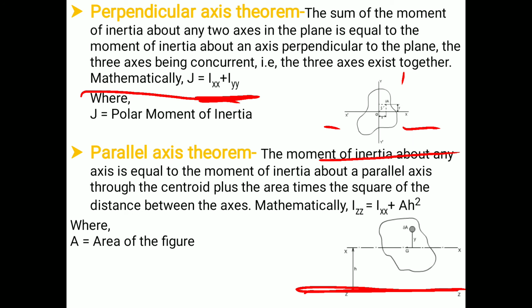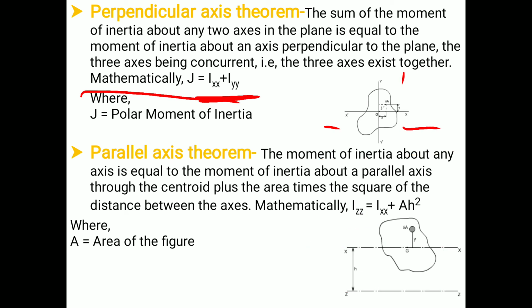The moment of inertia about any axis, which in our case is the zz axis, is denoted by Izz. It is equal to the moment of inertia about a parallel axis. To the z axis we have the parallel axis xx, and its moment of inertia is Ixx through the centroid, meaning this xx is passing through the center of gravity, plus the area times the square of the distance between these two axes.